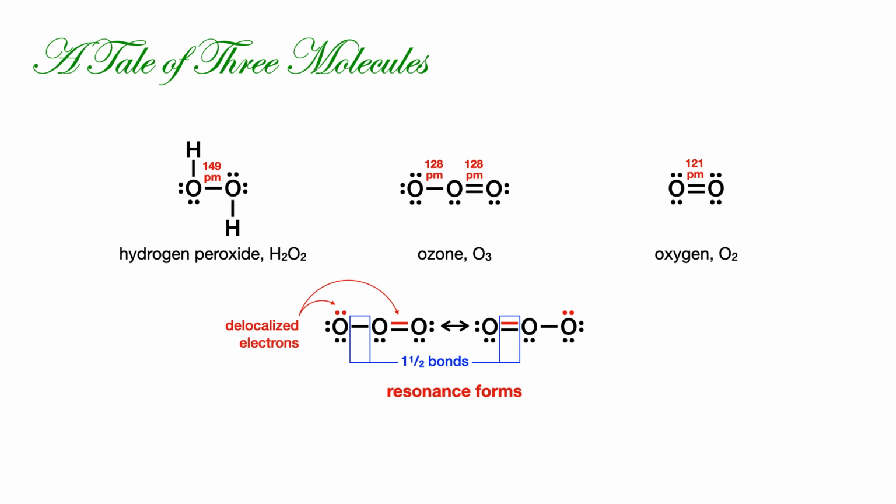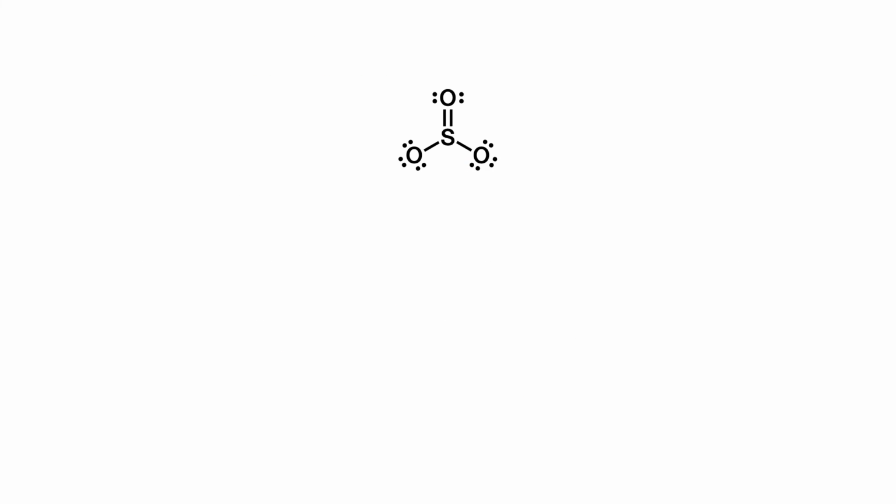We can do a similar kind of picture with sulfur trioxide. So in SO3, the standard Lewis structure would have 2 SO single bonds and 1 SO double bond, but there's no reason why that double bond has to be written in the upper position. It could just as well be written down and to the right, or down and to the left. And each of these 3 Lewis structures is equally good, and we say that each of these Lewis structures is a resonance form of SO3, but the SO3 molecule is an average of the 3 structures.